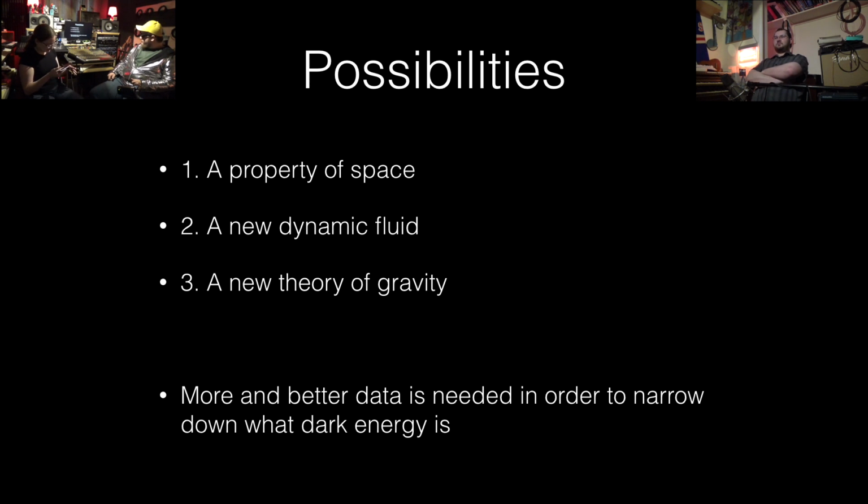So the possibilities. One, dark energy is a property of space. It's just there. It's just how it works. I reserve the right to add a fourth to this list.